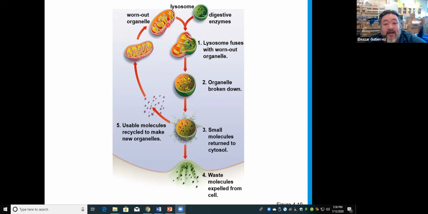If you don't believe me, Google it. This is cool. The apoptosome is so powerful that it will liquefy a cell in probably less than 10 minutes. I mean, there'll be nothing left.